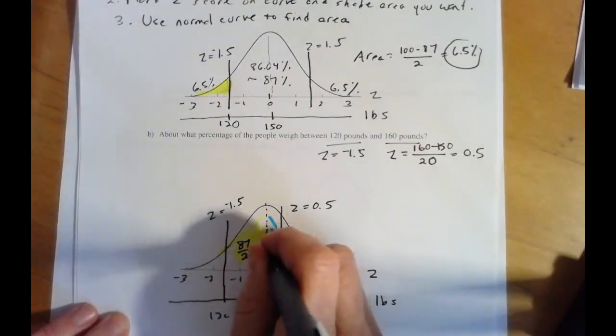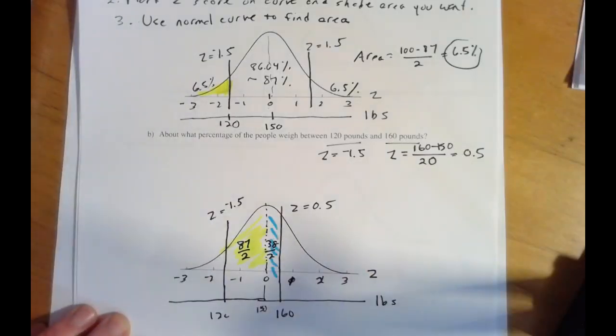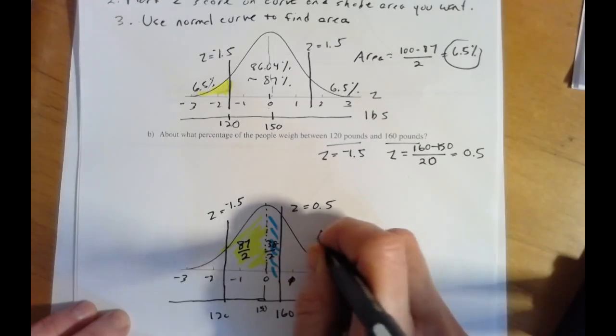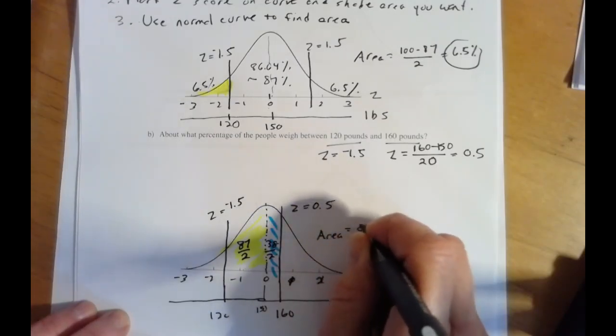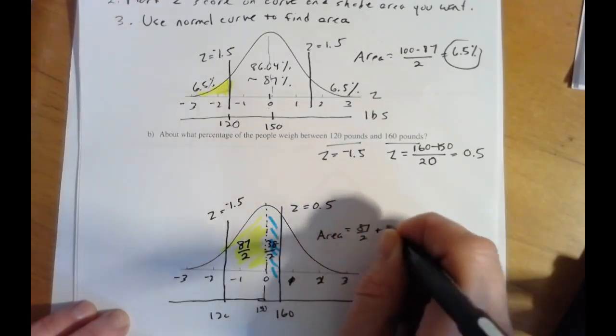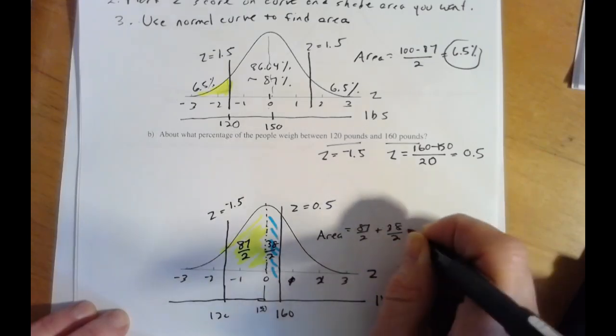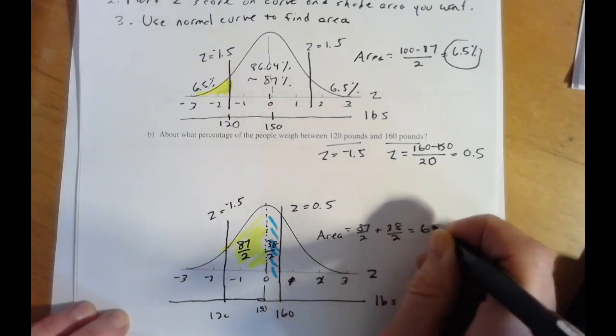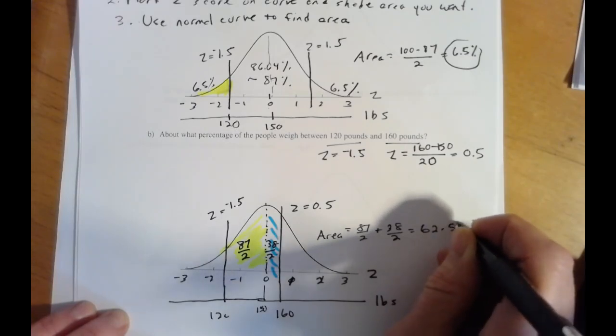So that's 38 divided by 2 right there. So our area is equal to 87 divided by 2 plus 38 divided by 2. That's 125 divided by 2, or 62.5%.